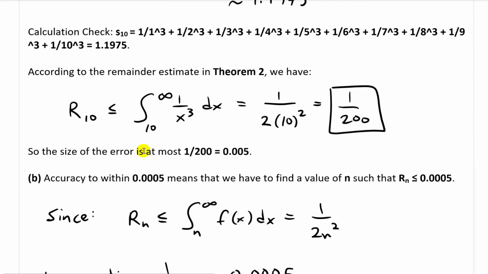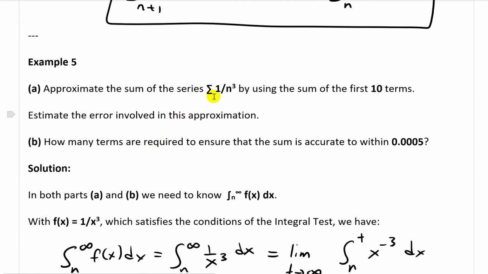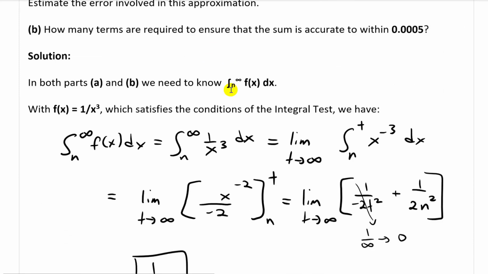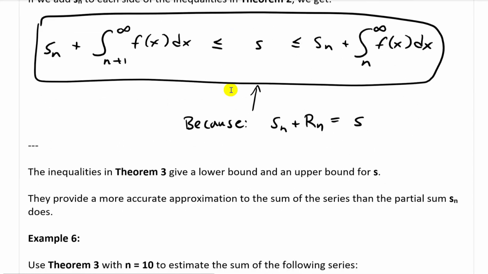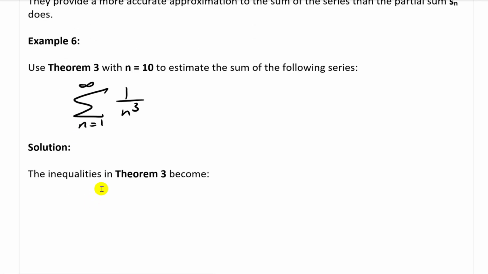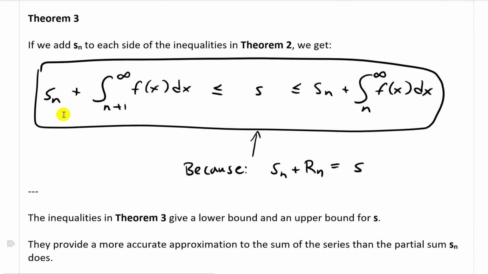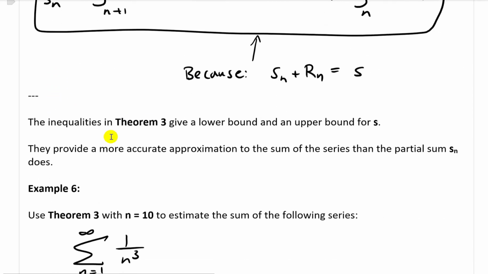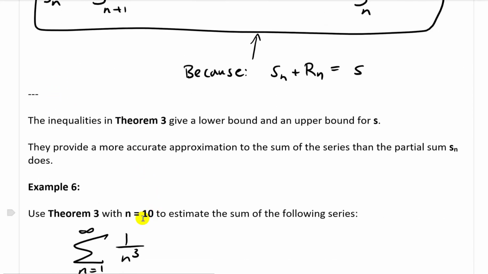This is the exact same one we were dealing with in example 5, so we use the values from before and the formulas we derived from it as well. So the inequalities in theorem 3, we're just going to plug this in. We're using S10, the 10th term for n.